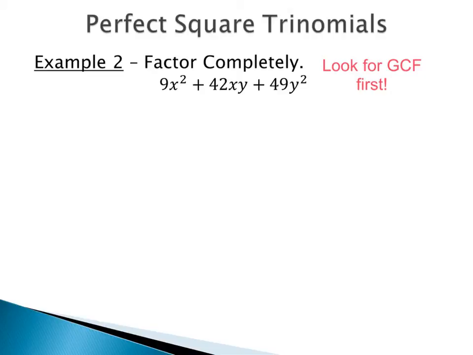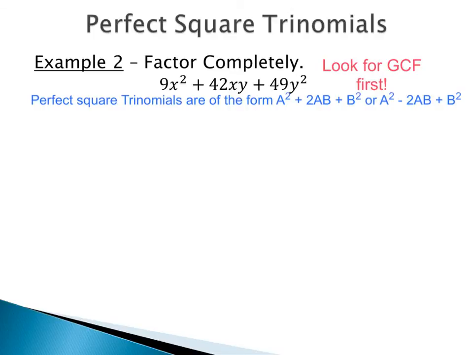So in order for a trinomial to be called a perfect square trinomial, it would have to be in one of two forms. The first would be if it's in a squared plus 2ab plus b squared form, or if it's in a squared minus 2ab plus b squared form. As a hint, you want to look at your first and your last term.